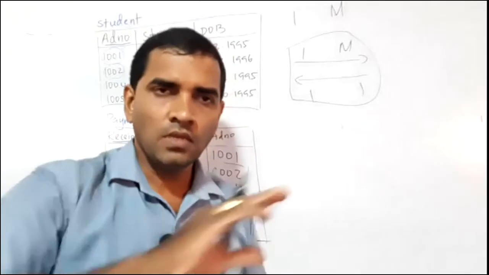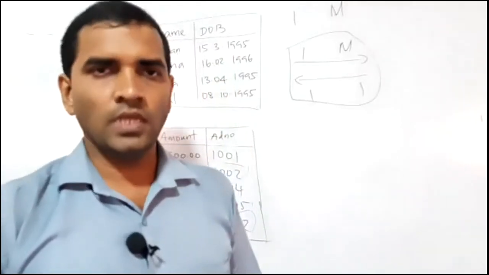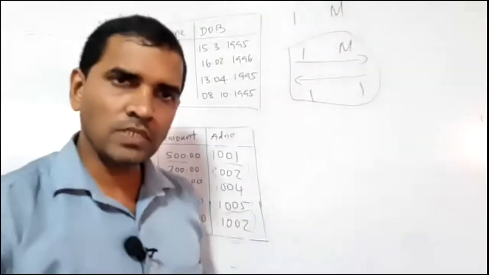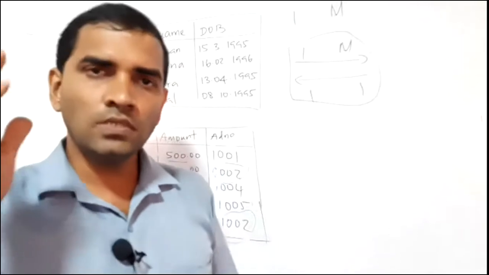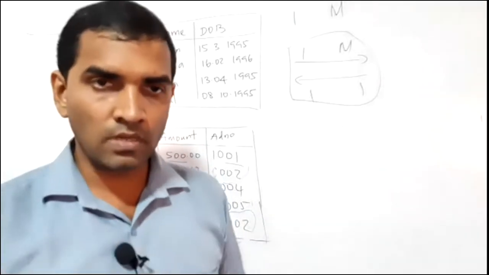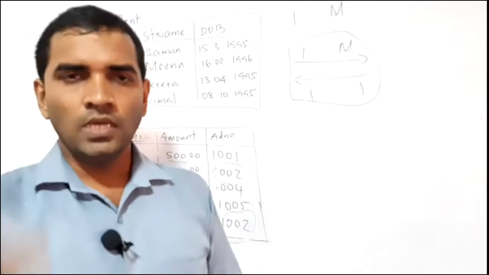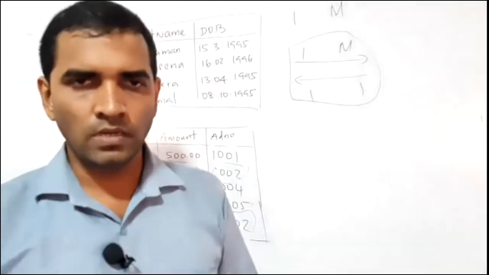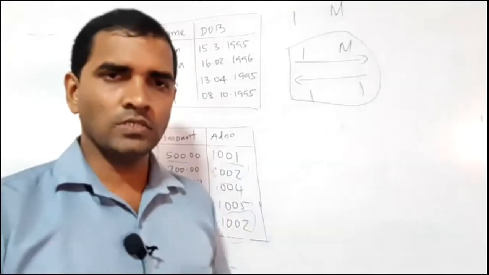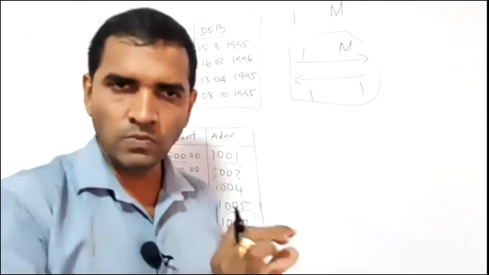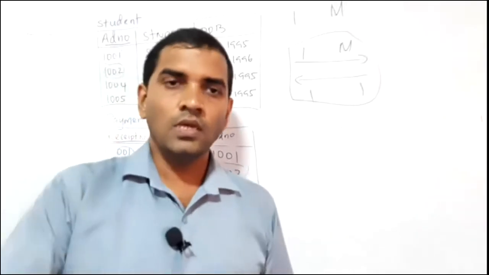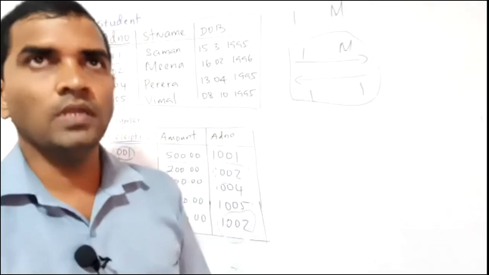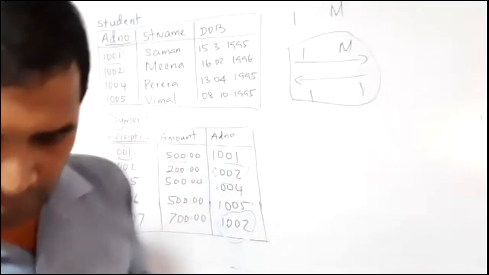You can't say that one-to-many is found in both directions. It is wrong. In one direction it is one-to-many, in the opposite direction it is one-to-one. That is the meaning of a one-to-many relationship. If it is one-to-one in both directions, it is one-to-one. If it is one-to-many in one direction, the opposite direction must be one-to-one. So let's check this once again.